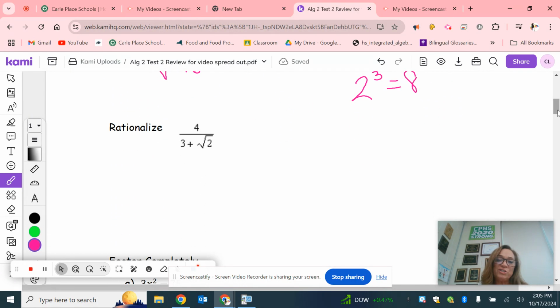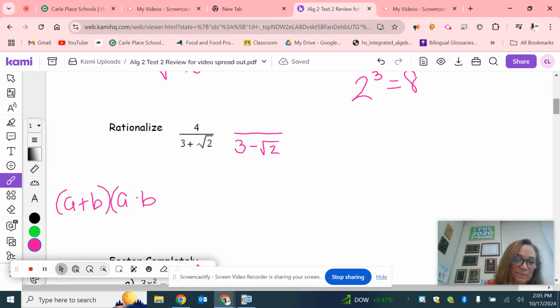Okay, to rationalize a denominator, we're going to use the conjugate. So this actually goes back to the difference of 2 squares. So I would write 3 minus radical 2, because I want this idea of a plus b times a minus b, the difference of 2 squares.